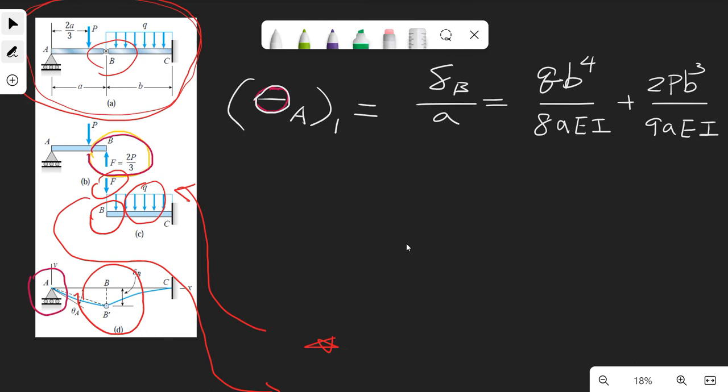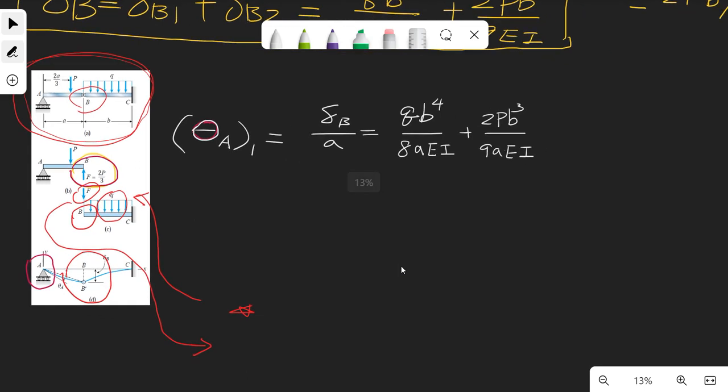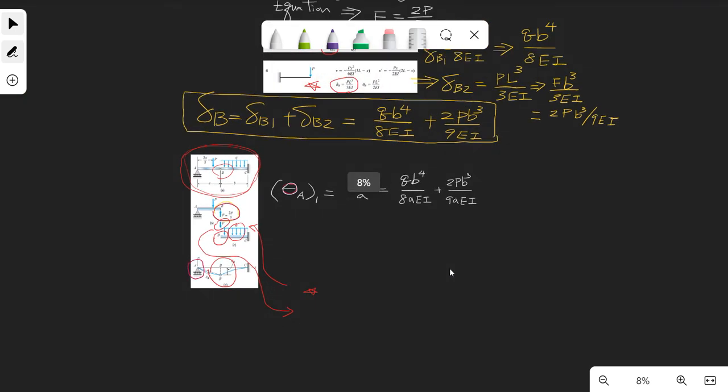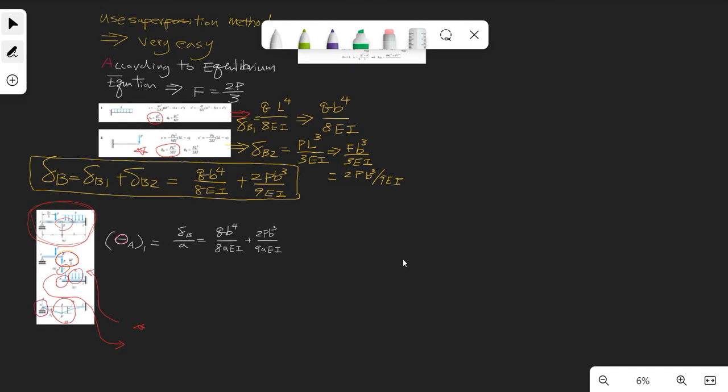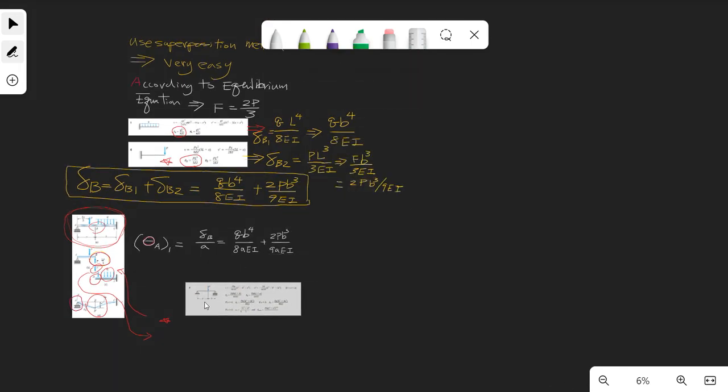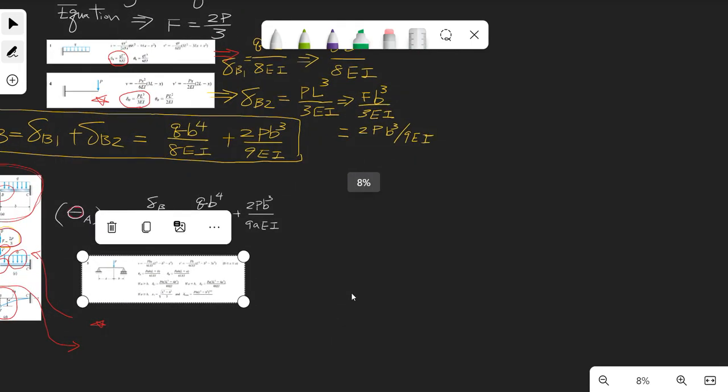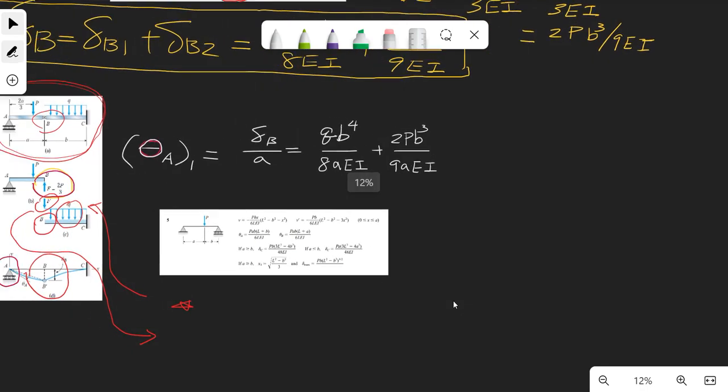And what is partition 2? Partition 2 is due to the concentrated load, so we will use another table from the appendix. Yeah, I put it here, it's easy for your understanding.